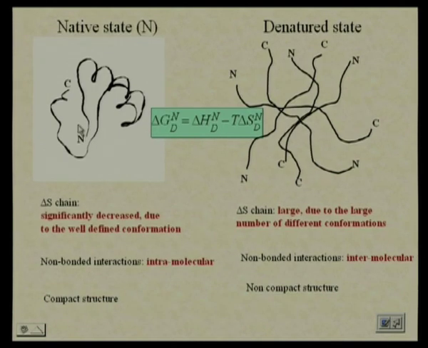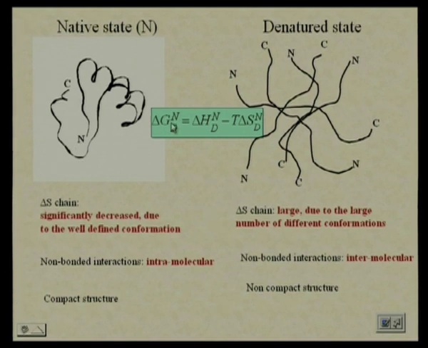So, what do we have in the native state? We have a compact structure, intramolecular non-bonded interactions, and the entropy significantly decreased because of the well ordered conformation. For the denatured state, what are the features that we have? We have a non-compact structure, we have intermolecular non-bonded interactions, we have a large delta S due to the large number of different conformations.